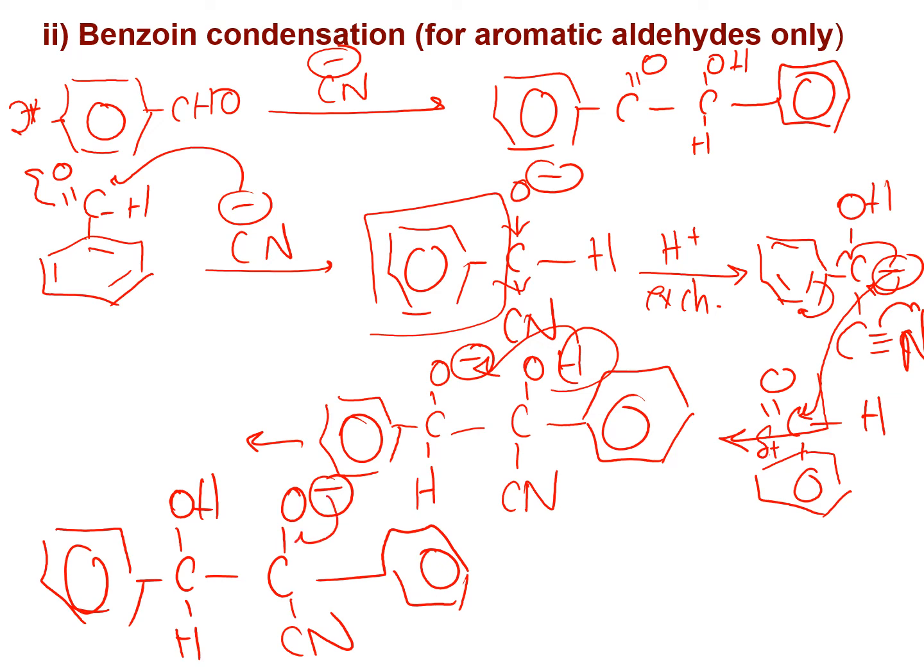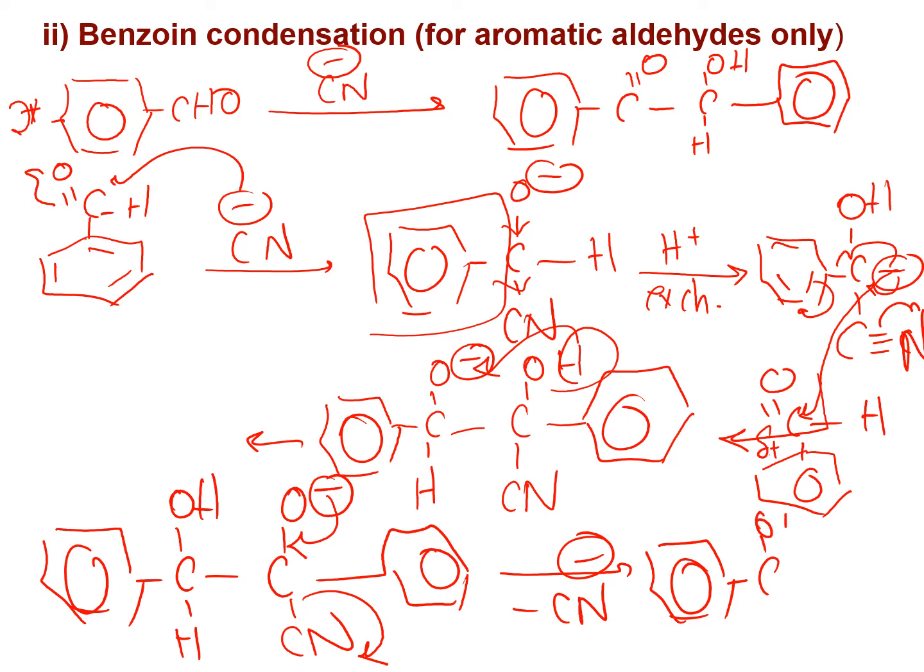This negative charge can be given to the carbon to form a bond, and the cyano can leave as a cyanide molecule, giving our benzoin product. Notice that the cyano was introduced and then removed without appearing in your final product.